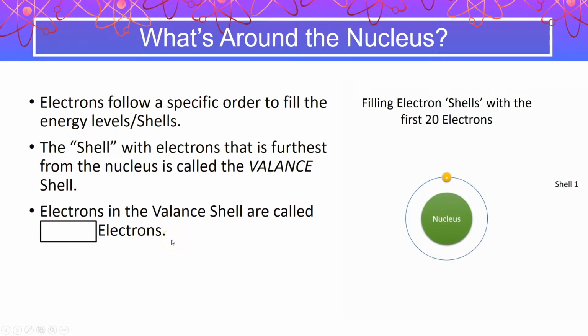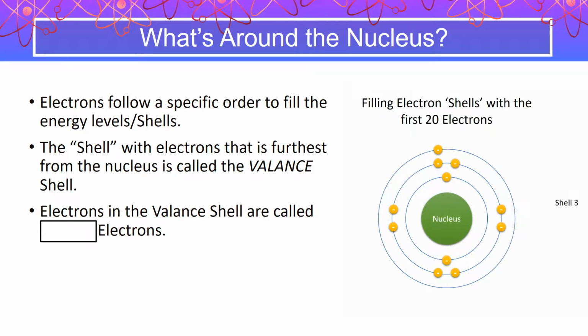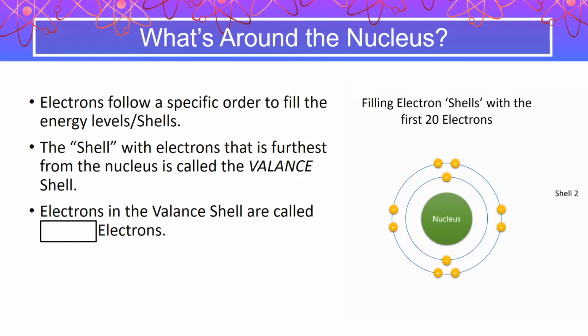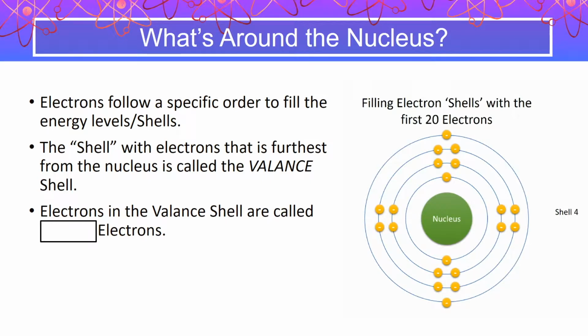Now, how electrons live in those shells is very, very specific. And you can see on the side there is a little animation playing with electrons that are yellow negative dots being filled into different shells. And that's going to keep playing while I talk. But basically, you've got to remember that those shells are energy levels. And we start filling with the lowest energy level to begin with. So we're going to start right near the nucleus with shell 1.